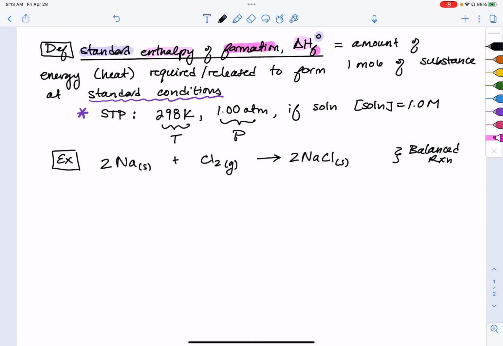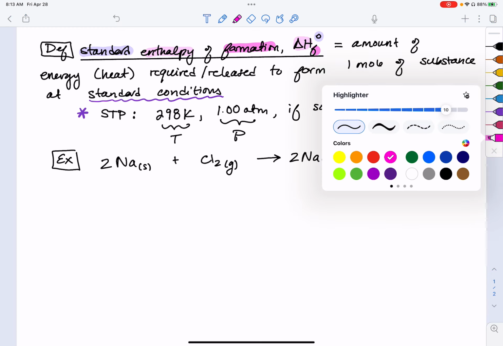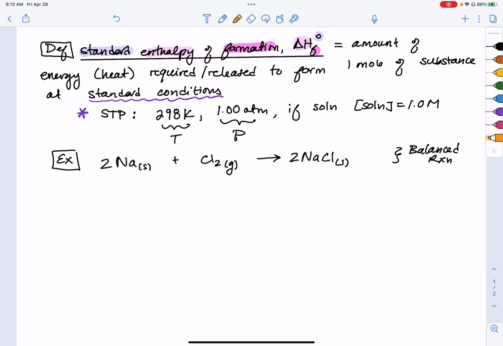However, the standard heat of formation of sodium chloride, as for any substance, is always determined by the formation of 1 mole of substance. So the reaction that shows the formation of 1 mole of NaCl is where all of these coefficients are cut in half, because I cannot be making 2 moles of sodium chloride if I'm looking at the standard enthalpy of formation of sodium chloride.